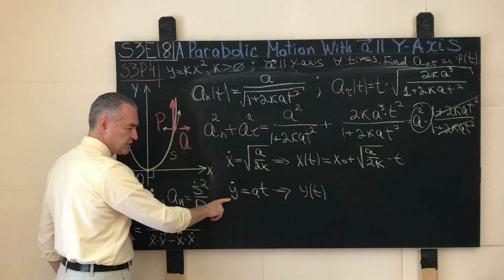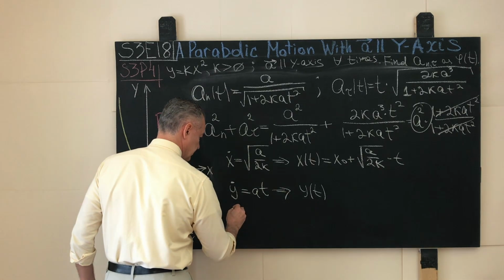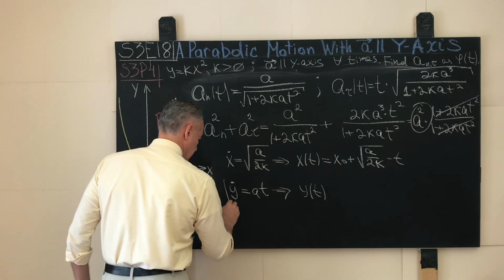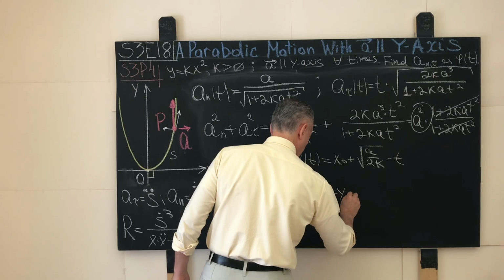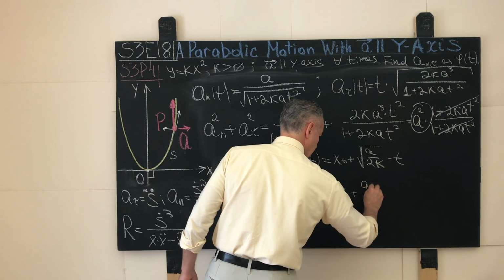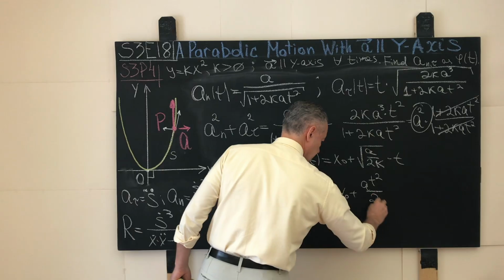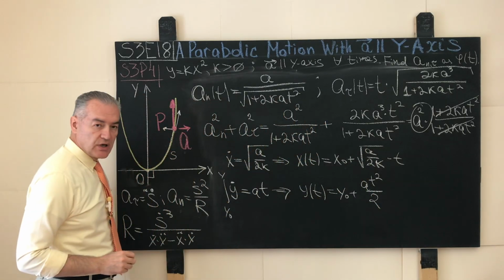Here, of course, you will be integrating from y0 to y, so your expression will be y0 plus a t squared over 2 as a function of time.